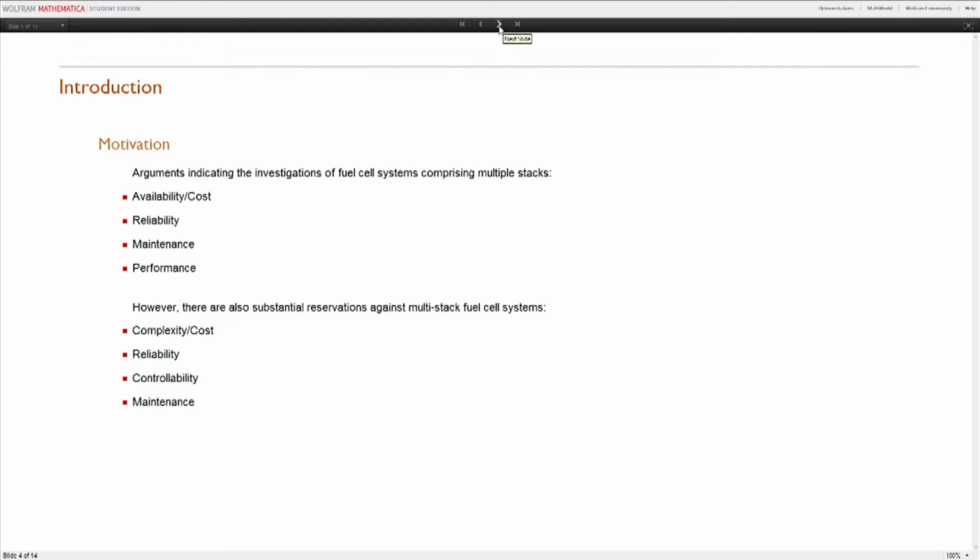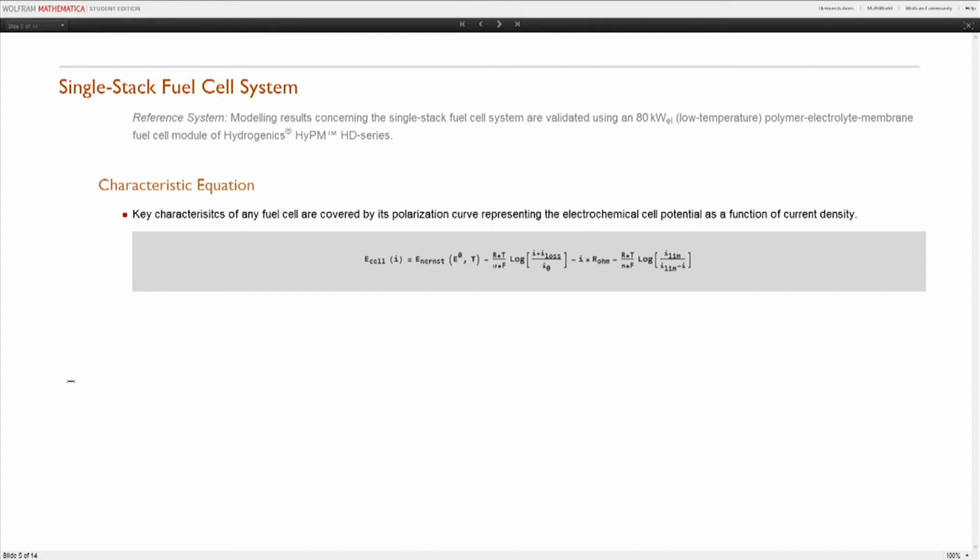So, let me briefly mention some points of basic single cell fuel cell modeling. It all starts with the polarization curve, which contains the characteristics of all electrochemical energy technology.